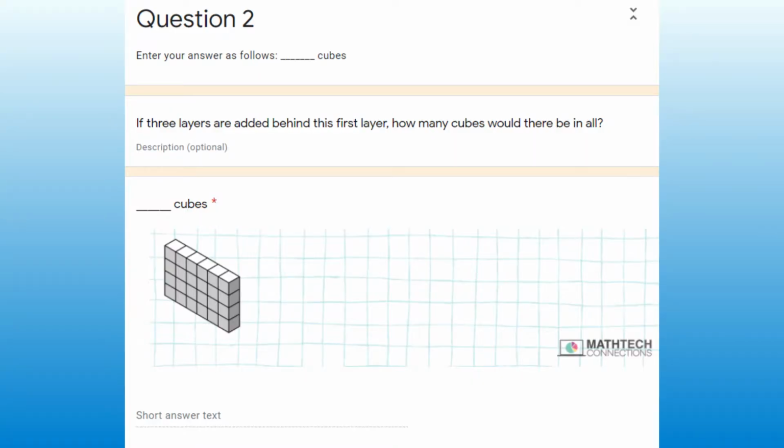Let's go ahead now and take a look at number 2. In number 2, we are given a diagram, and it's really important to look at it carefully. It says if 3 layers are added behind this first layer, how many cubes would there be in all? We have to add up all the cubes we see there. And then imagine we're adding on 3 more layers. That's a total of 3 layers that we're adding on, plus the 1 layer we already have.